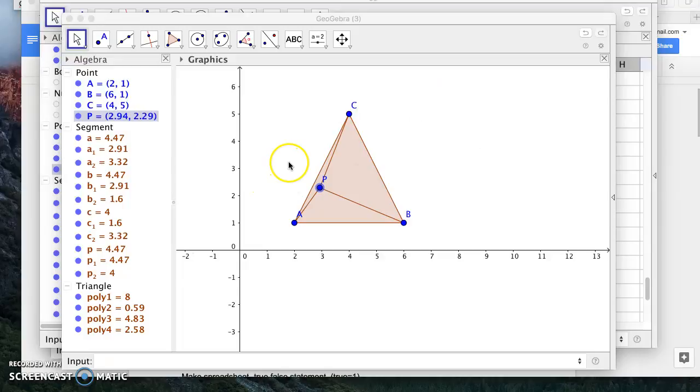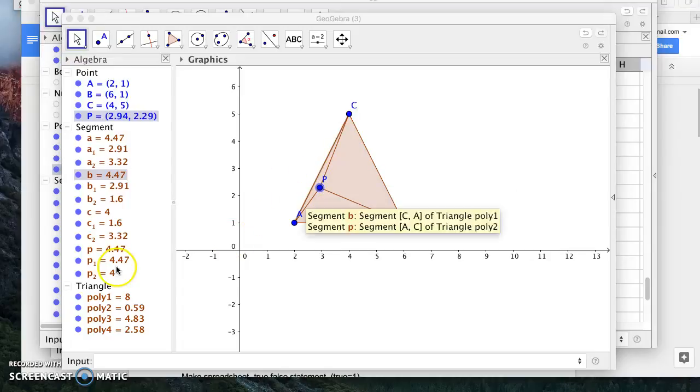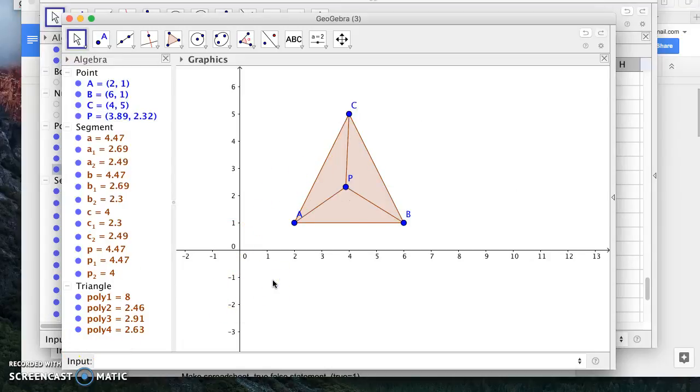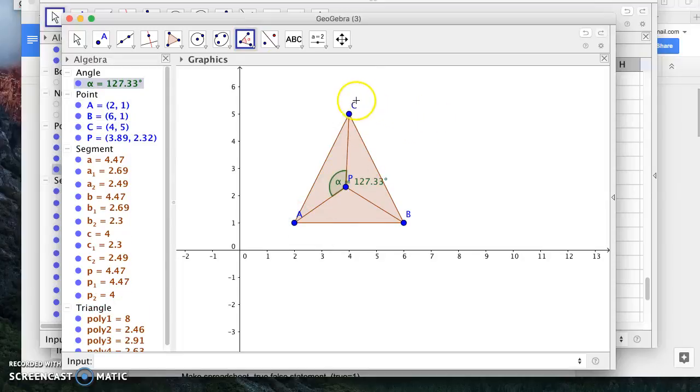So now I want to find the angles of APC, CPB, and BPA. Man, those are hard to say. Okay, so I'm going to find the different angles of these 3 triangles. So I have 1. Did I do it the wrong way?